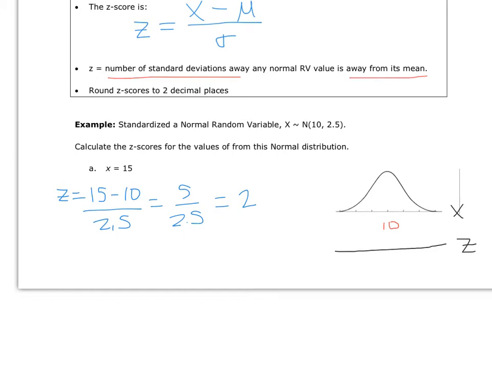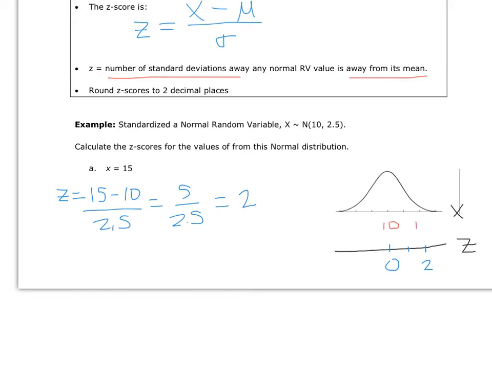Now if that's the z axis, we can take that middle value, and that is now 0, the mean of the standard normal. Now we just determined that 15 has a z-score of 2. So just going 2 out, we determined that 15 is 2 standard deviations away from the mean.